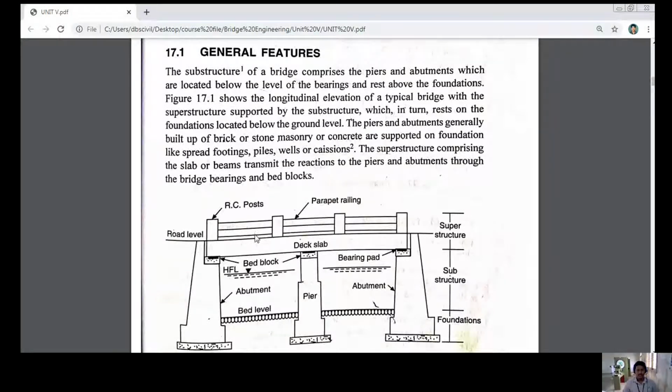It shows the longitudinal elevation of a typical bridge with the superstructure supported by the substructure, which in turn rests on its foundations. It's clear the superstructure rests on the substructure, whereas both rest on the foundation of the bridge.